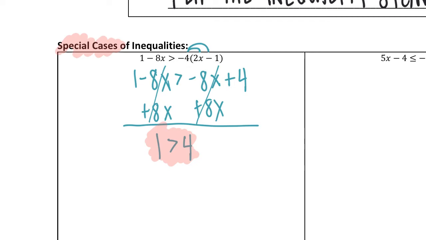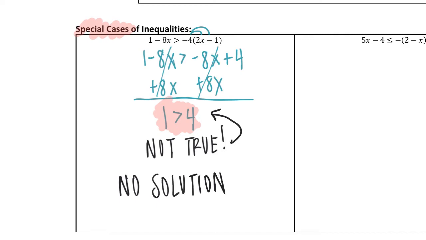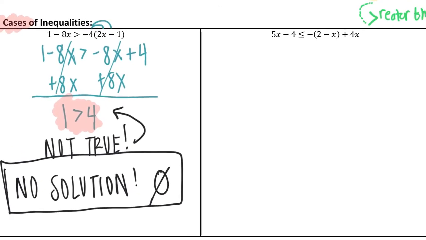So since this is not true, in this inequality, since the x's canceled out and we ended up with a statement that is not true, we would say that there is no solution. You can also use the null set symbol if you would like to. That means that there is no value for x that we can plug into that inequality that would make a true inequality statement. Let's look to the one to the right.